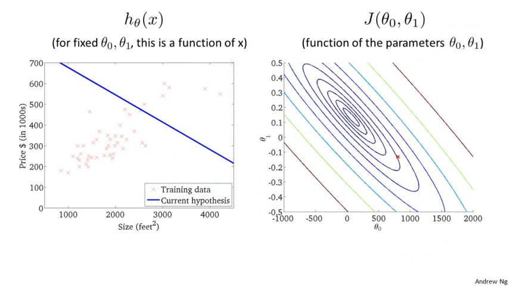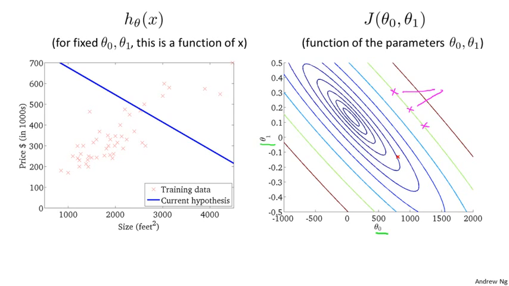So here's an example of a contour figure shown on the right, where the axes are theta 0 and theta 1. What each of these ovals, each of these ellipses, shows is a set of points that takes on the same value for J of theta 0, theta 1. So concretely, for example, let's take that point and that point and that point.